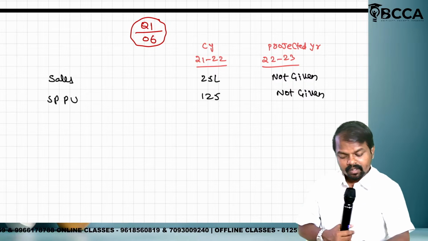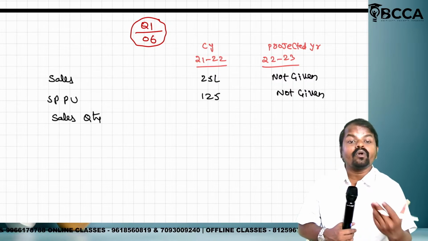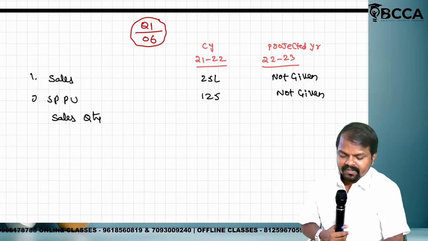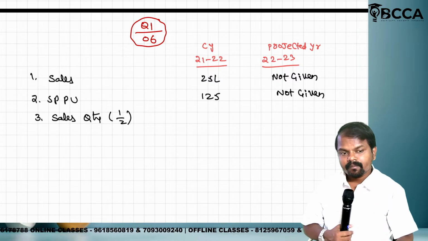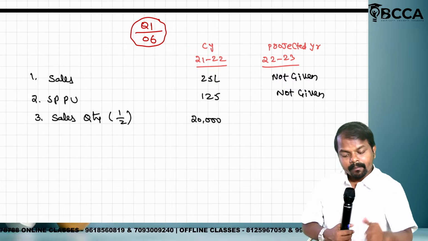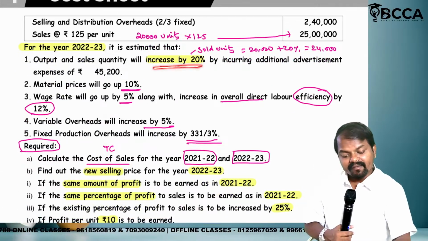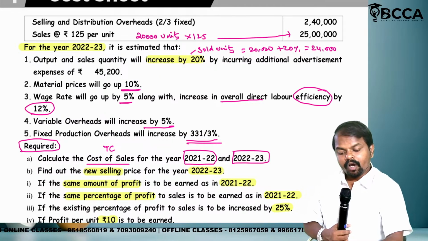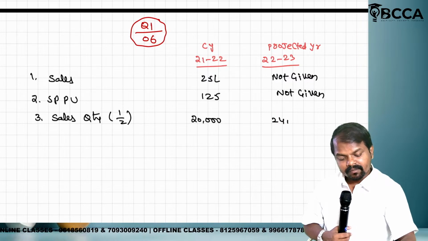Sales quantity, or sold units, is point 1 divided by point 3. How much? 20,000 units. But the question paper says they will increase 20% compared to last year. Then sold quantity is 24,000.